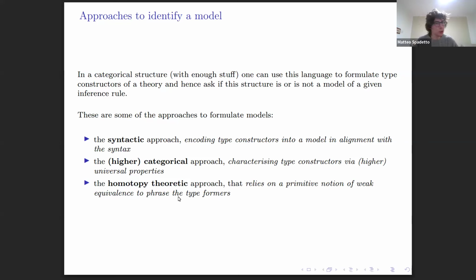In both cases, we use categorical properties to hide the syntax. But I wanted to maintain this distinguished because in the homotopy theoretic approach, we rely more on a primitive notion of weak equivalence that is usually present in these structures, that normally these structures are equipped with.